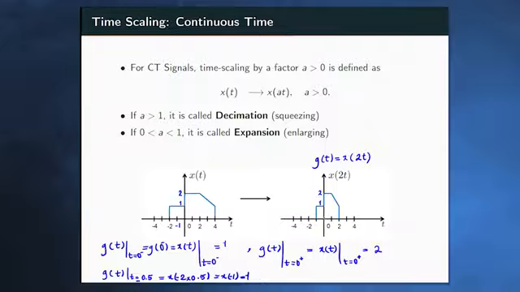So let's see what we did in here. At t equal to negative 0.5, I have x of negative 1. Okay, so it's here. Negative 0.5, I have x of t that's equal to 1. Again, g of t at t equal to negative 1 is x of t at t equal to negative 2, which is again the discontinuous point, and that's going to give me this point in here. All right.